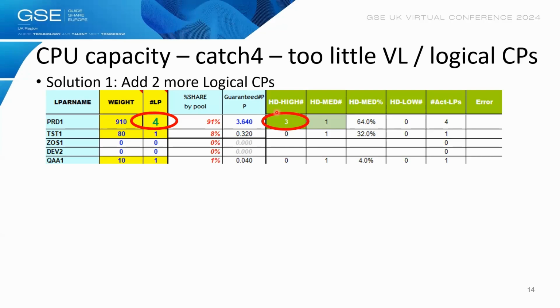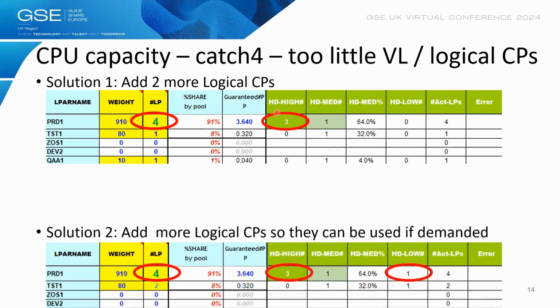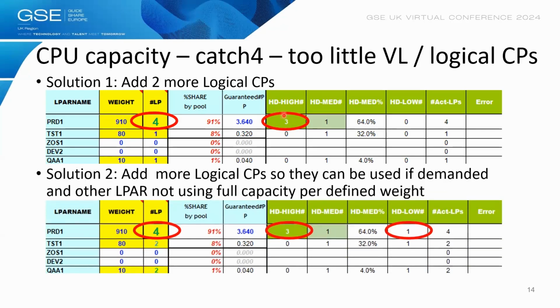Because we had only 4 CPs and, let's say, 3 LPARs that need the processors to be assigned, right? Now it's better, because we can reflect it really well. Can it be any better? Yes, it can. If we add more logical CPs, then some of our logical CPs will become vertical low.